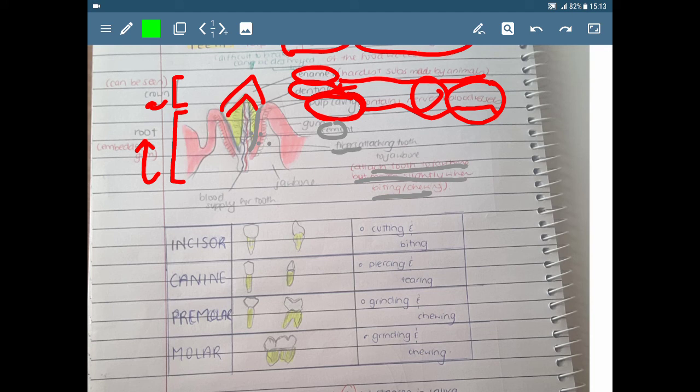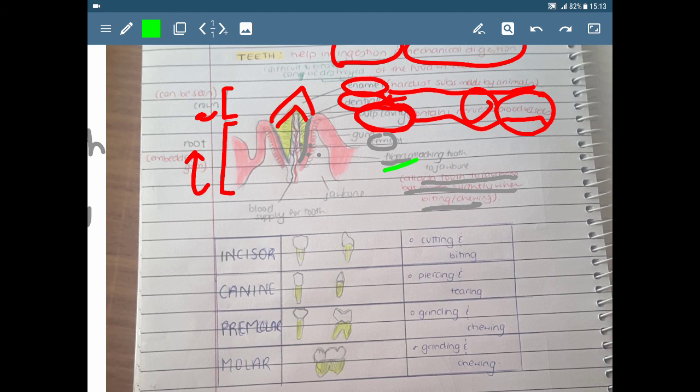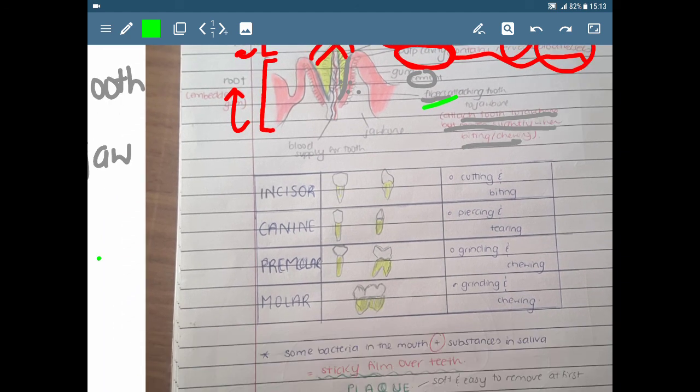The fibers are the ones that attach the tooth to the jawbone, but move slightly when biting or chewing. The blood vessels are for blood supply, and that's your jawbone.